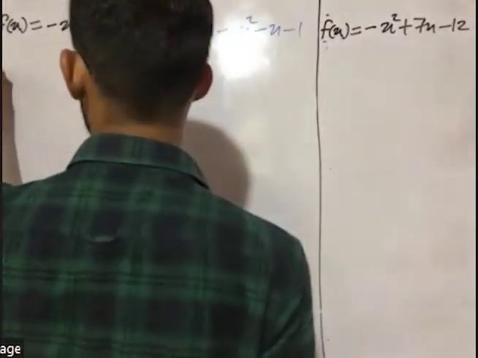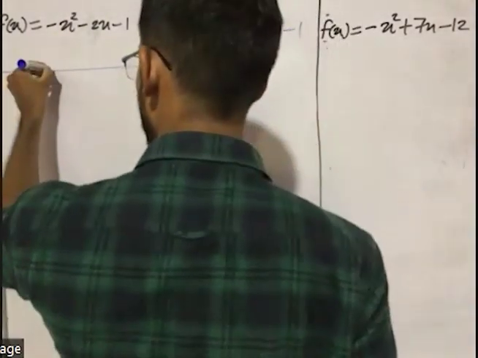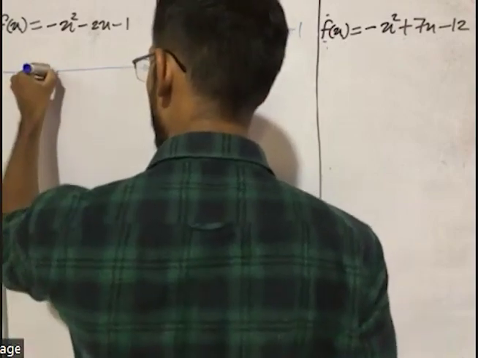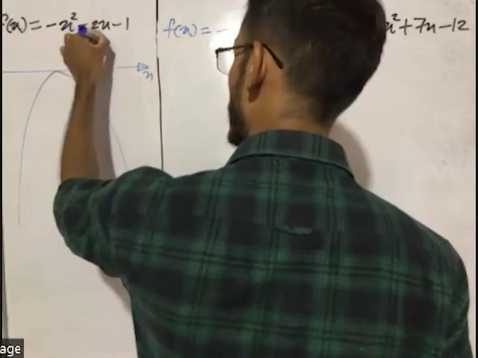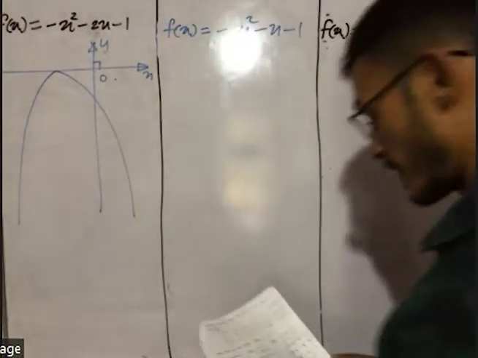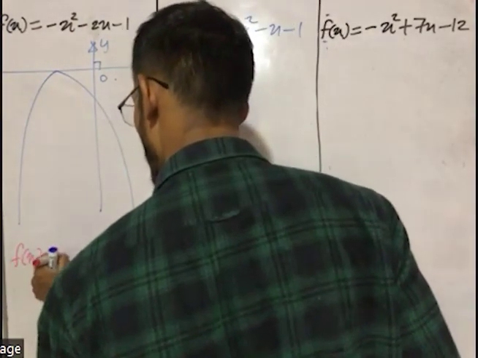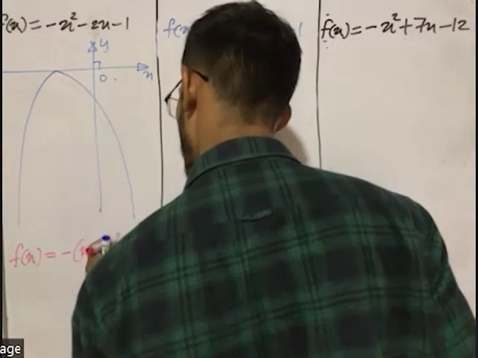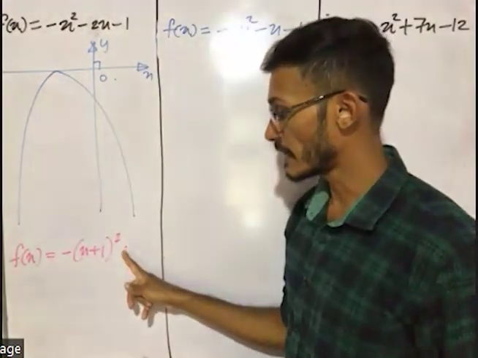If you draw the graph, this is the x-axis. This is the y-axis. So the graph will look like this. Our previous function, we can write as f(x) equals minus x plus 1 square. This is the function.